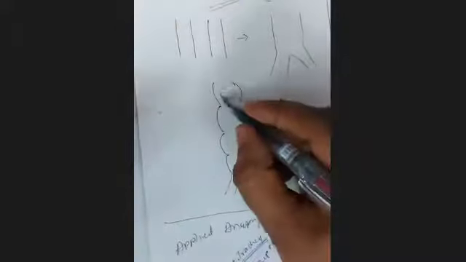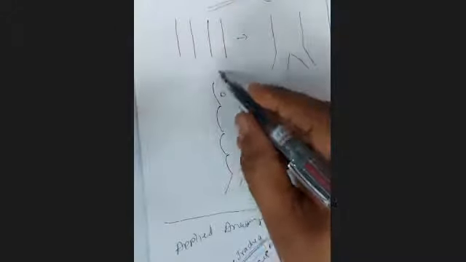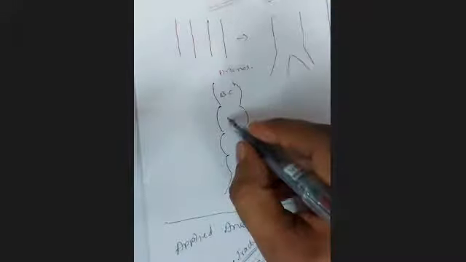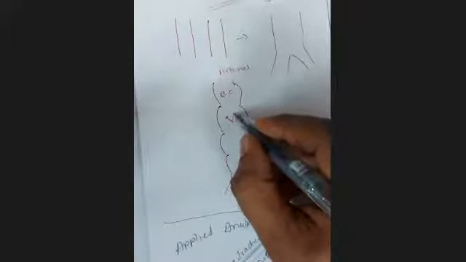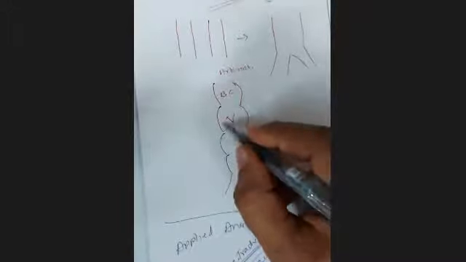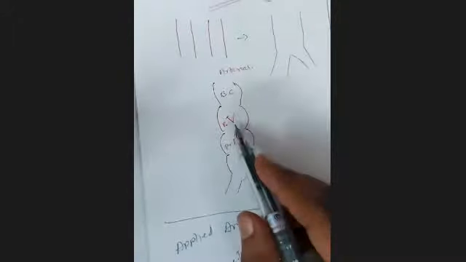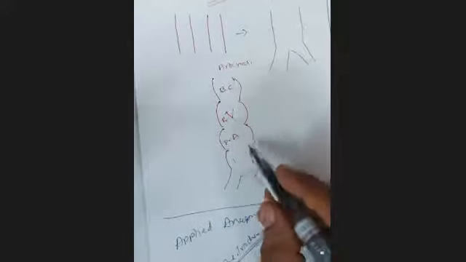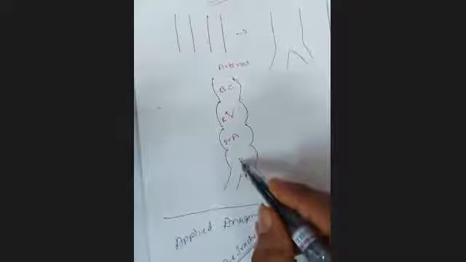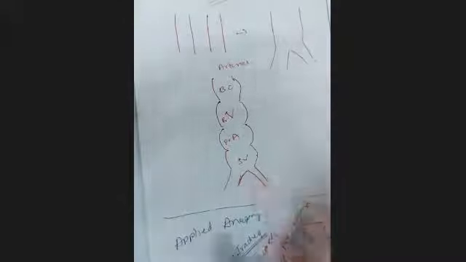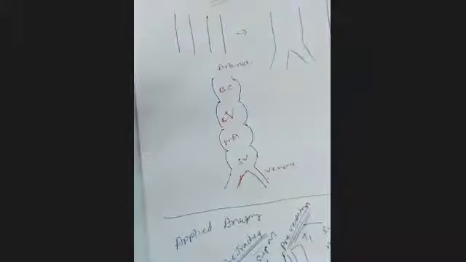These four swellings are the bulbus cordis, which represents the arterial end, then the common primitive ventricular chamber, the common primitive atrial chamber, and the sinus venosus, which represents the venous end of the heart.